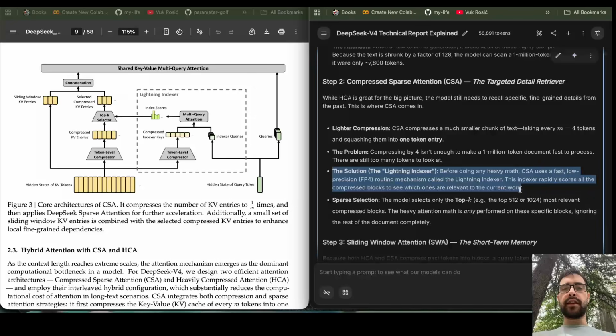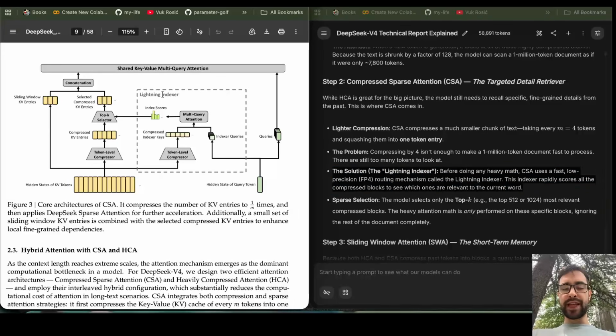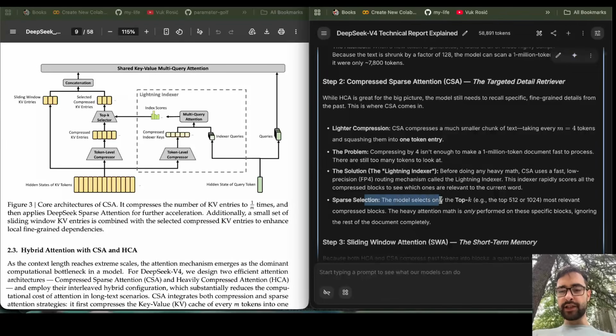It's a very fast attention mechanism, and then it picks the most important tokens and does real attention, because real attention is a lot heavier, maybe 4 or 5 times or more slower than the lightning indexer. So it may select only 500 or 1,000 most relevant tokens, maybe 2,000 in the previous paper, and then it performs attention on those most important tokens.